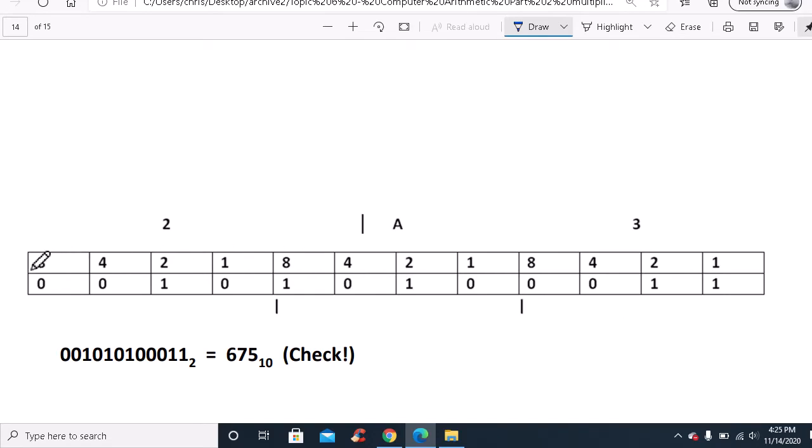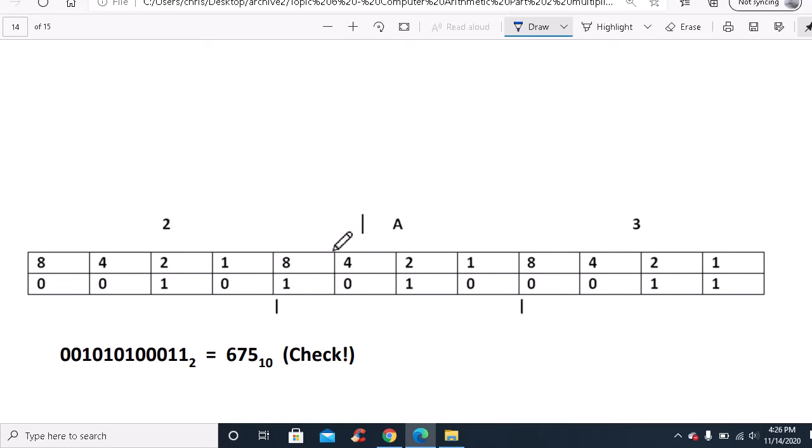Using the technique above, we would actually get 001010100011. So it's a 12-bit binary sequence, and the first 4 bits are equivalent to hexadecimal 2.